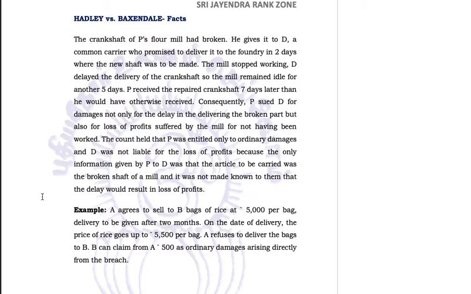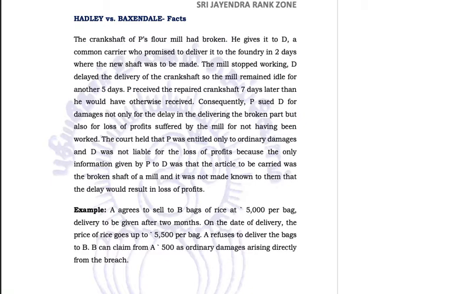The court held that P was entitled only to the ordinary damage and D was not liable for the loss of profits because the only information given by P to D was that the article to be carried was a broken shaft of a mill and it was not made known to them that delay would result in loss of profits.